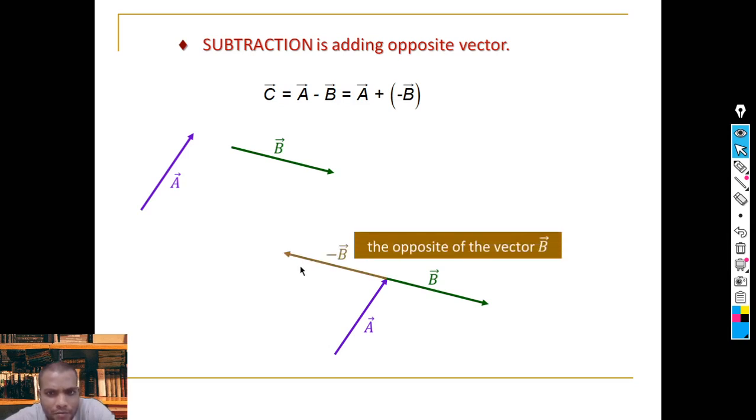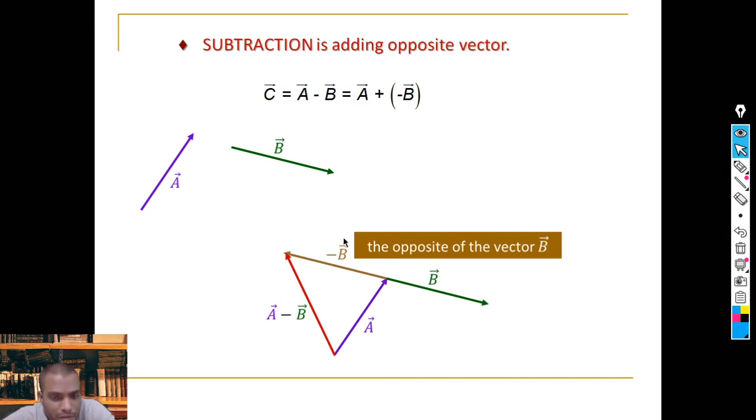Here we have minus B bar, and minus B bar is the same vector but in the opposite direction, so the B bar direction should change. Now you can add A bar plus minus B bar, and this gives the resultant vector, which is equal to C bar.